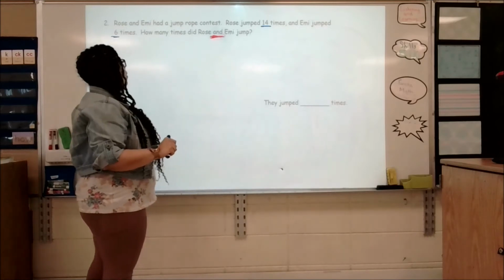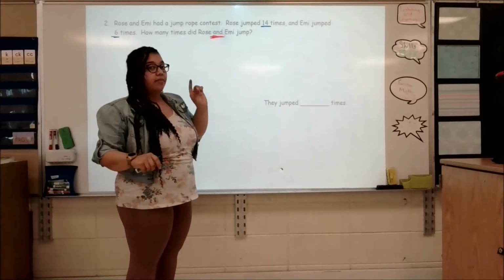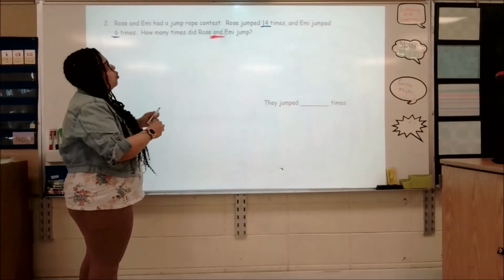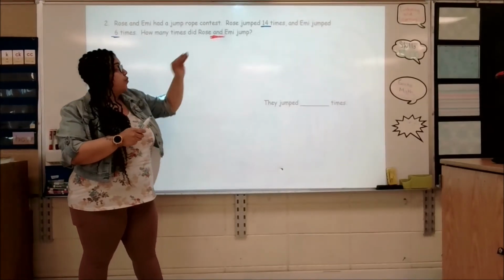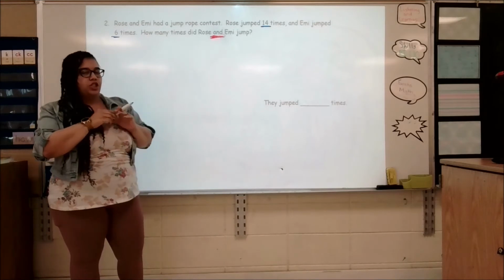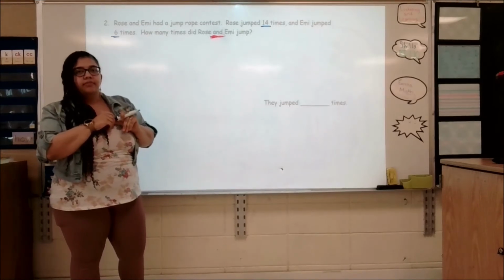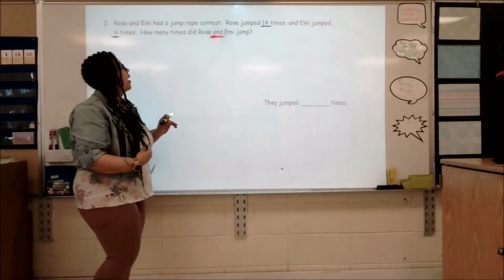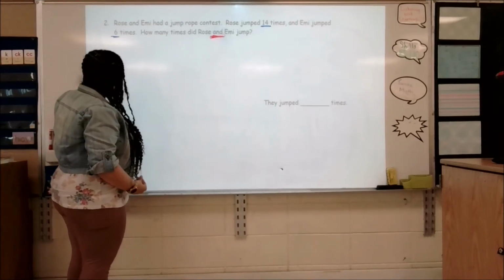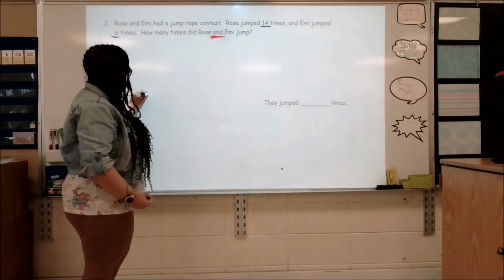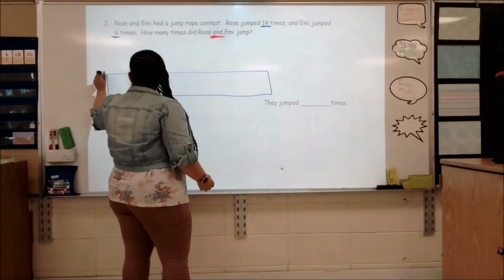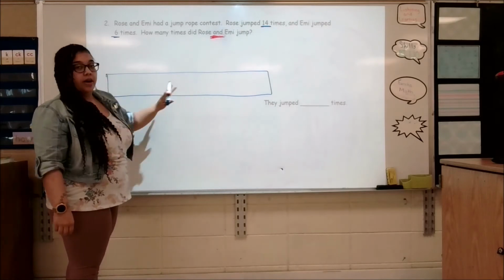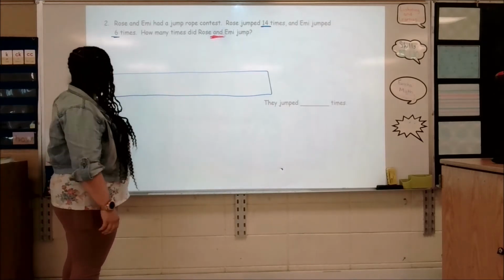All right, so in drawing and completing our tape diagram model, whose jumps should I draw first? Rose's 14 jumps or Emmy's 6 jumps? Rose, correct, good. So this time, let's draw a nice big old tape diagram. We know that there are two parts that are going to fit in here because we're putting all the pieces together.